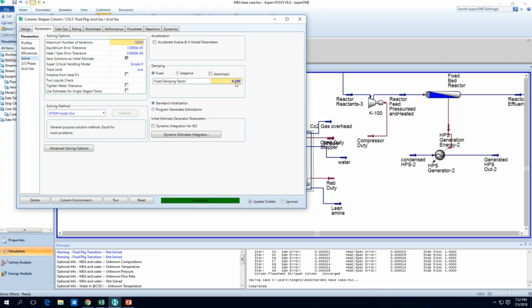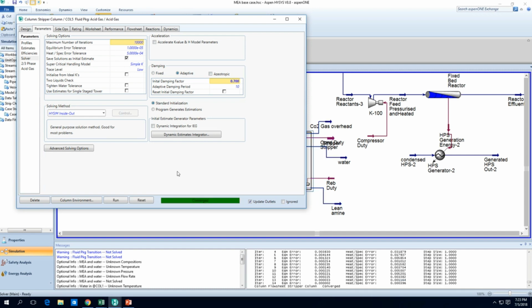Basically 0.1 is a good guess, but if you're not sure, let's try reset and running at 1. Again, it doesn't quite do its job. So if you're not sure, you can let HYSYS try and guess the damping factor for you. Instead of using the fixed solver, you can use the adaptive solver. We can do a reset and run.